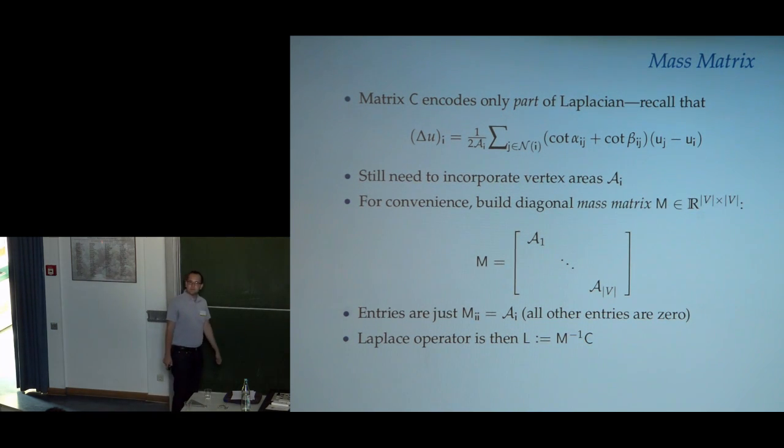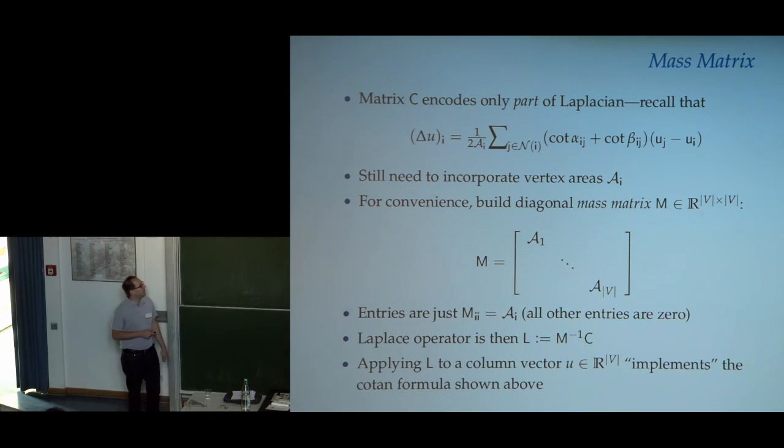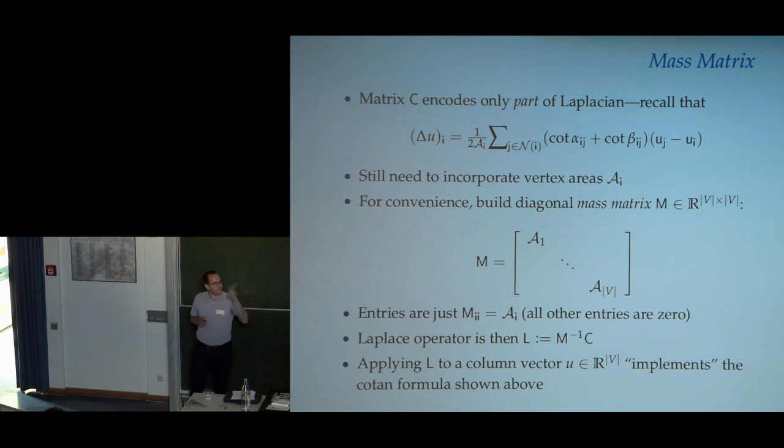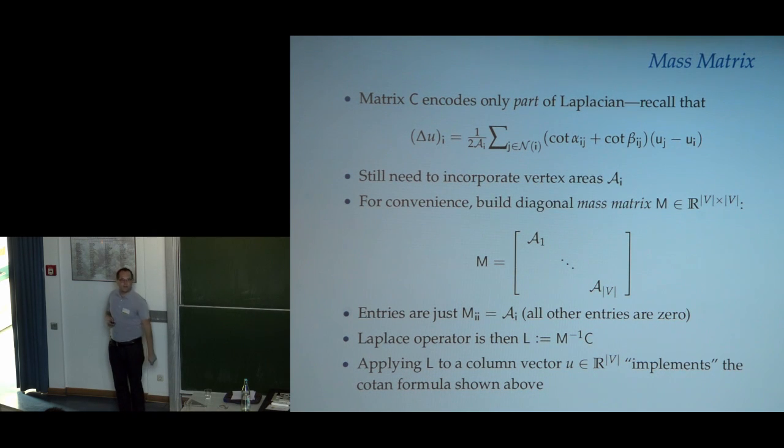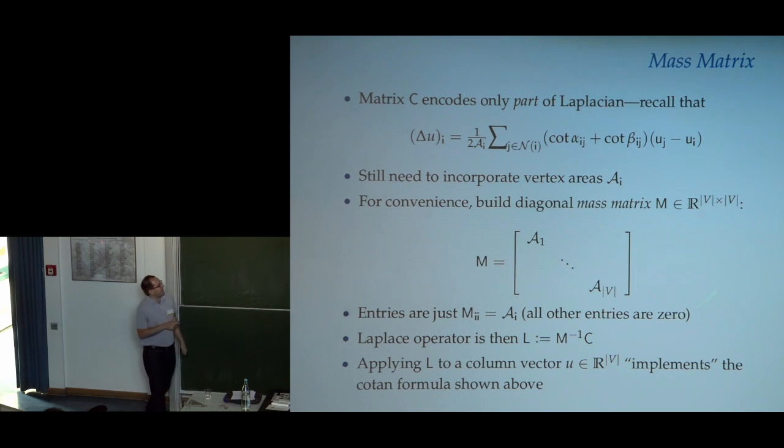Does that make sense? And you can work out, just as a sanity check, if you take this L and you multiply by some vector u of all the values of u on the vertices, you get out exactly the cotangent formula. Multiplying by C and then multiplying by the inverse just evaluates the cotangent formula at all of the vertices.